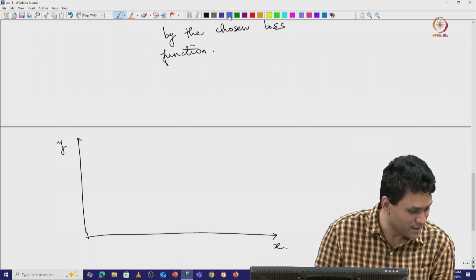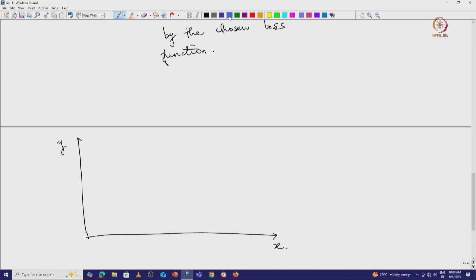And let us say that there are some data points here. So these are the data points here, and we can have two cases, underfitting and overfitting.